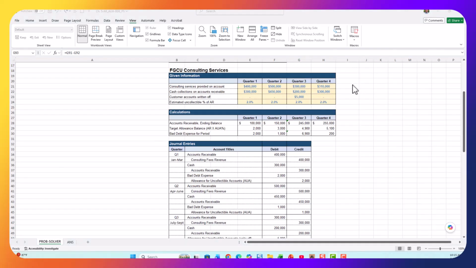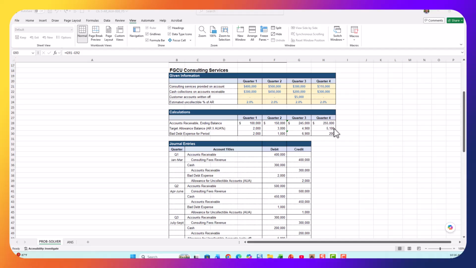To wrap things up, realize that every accounting period follows the same routine. Our calculations include the credit sales, cash collections, and customer write-offs to determine the ending balance in accounts receivable. Multiplying that balance by the estimated AUA percentage determines our target balance for the allowance for uncollectible accounts.